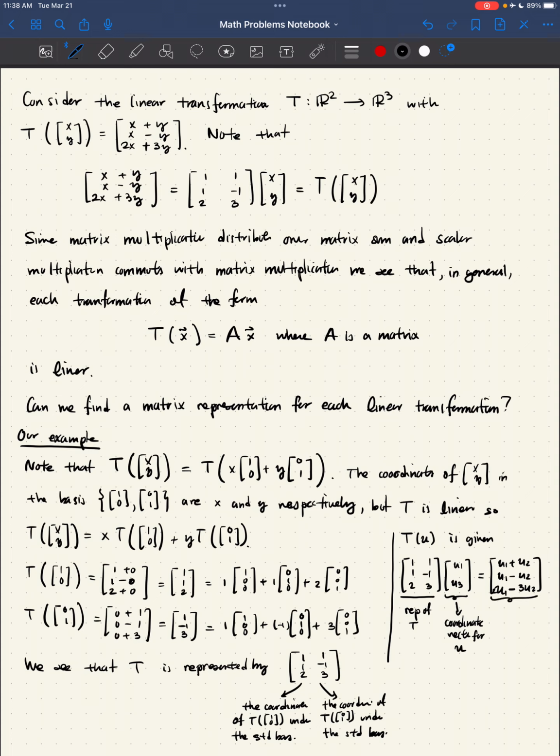Well, that's the coordinate vector of T of u, in the standard basis, of course. So now we have a different way of seeing linear transformations. They are transformations that take coordinates to coordinates. You may wonder, what happens if we change the basis? Would that change the representation? Of course. So stay tuned for the next video where we see such a situation. Take care.